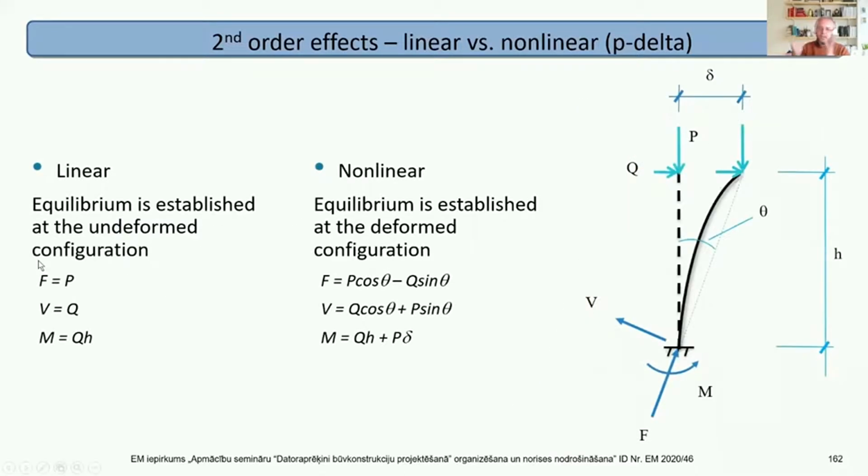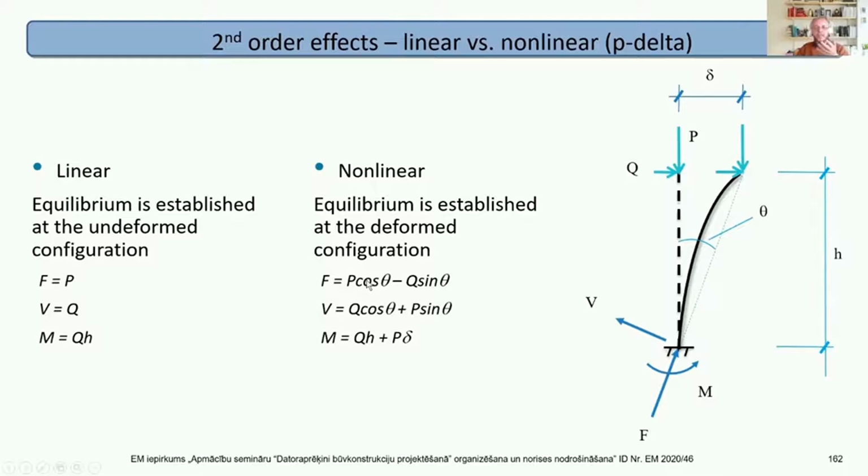Looking in detail at this, in a linear analysis, remember, equilibrium is at the undeformed configuration geometry. The reaction force F is equal to the applied force P. The shear force is equal to Q, the applied force, and the moment is Q times the height. Very simple, straightforward calculation.